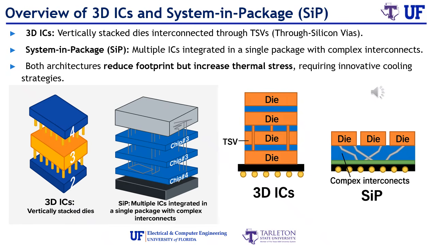Both architectures offer higher performance and smaller footprints, but they also increase power density and create more complex thermal paths. Choices like which die goes on top, which is buried, and how they're interconnected are now influenced as much by thermal concerns as by electrical or mechanical ones.